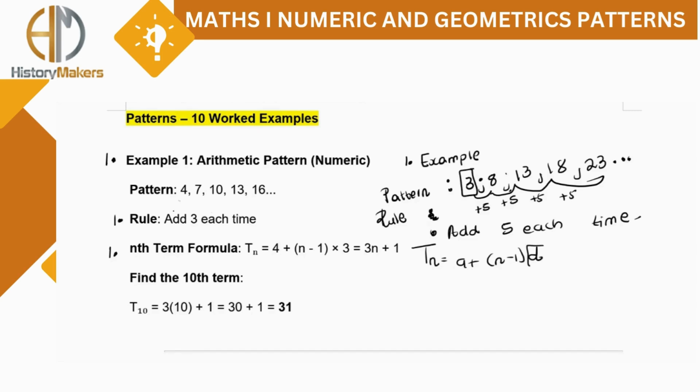Our d is the constant difference, which is 5. Applying the distributive method, our 5 multiplies the n, and it also multiplies the minus 1. So now we have 3 plus 5n minus 5.